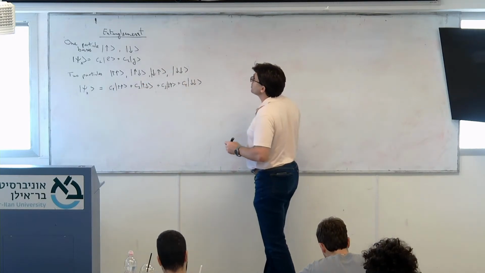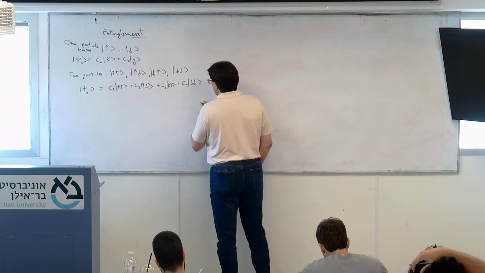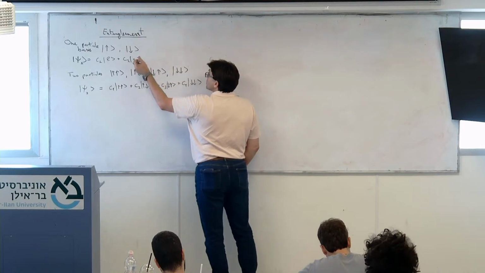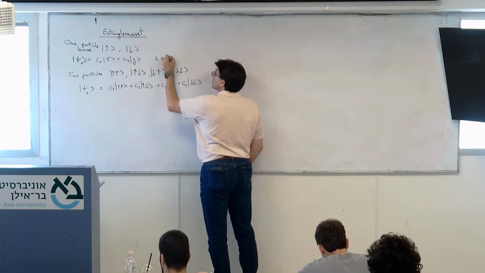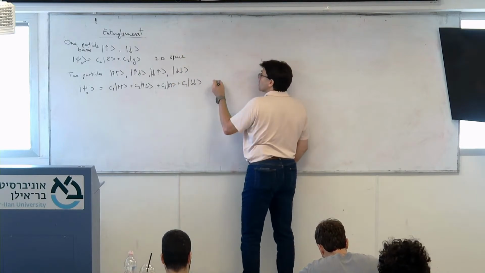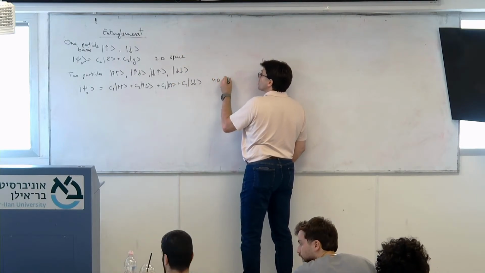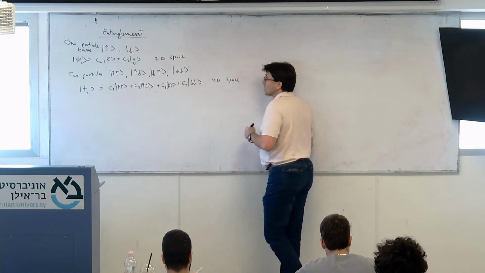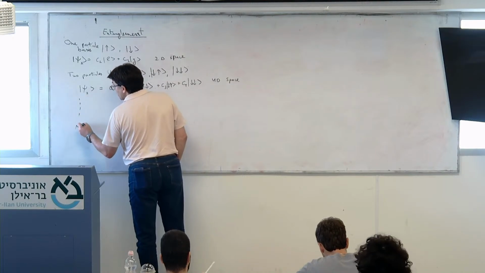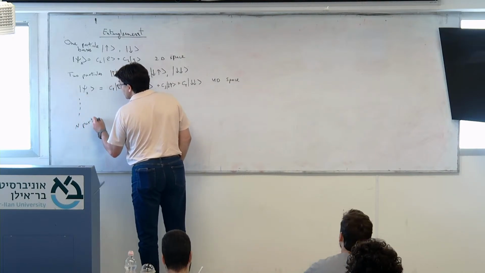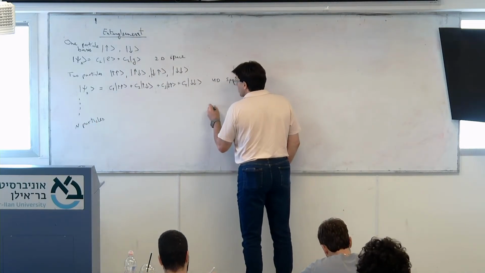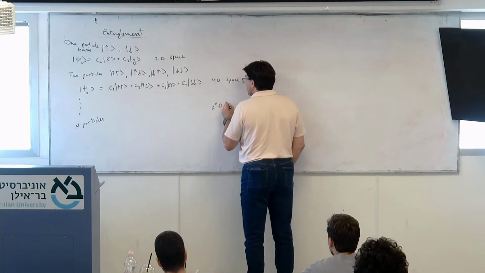In the single particle case, the superposition is a vector in a 2D space. But here this is a vector in a 4D space. And in general, when we go to n particles, we'll see that the Hilbert space is 2 to the n dimensional.